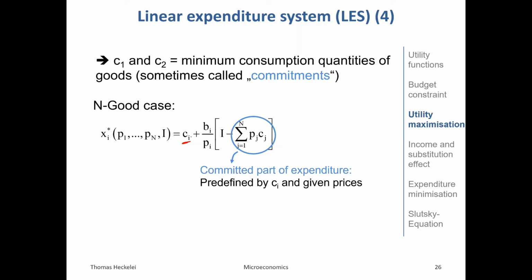And then when you take your income, all your income minus all of these compulsory or committed items, the expenditure on them, you have some non-committed income, some money you're free to spend to maximize your utility. And outside of the bracket is Bi over Pi, which was similar for the case of two goods and also similar for the Cobb-Douglas case before. So nothing changed dramatically over here.